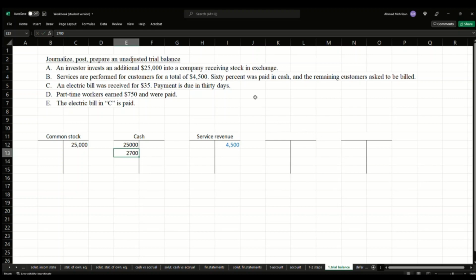Let me write here as a small note: 4,500 multiplied by 60%, that is 2,700. And clearly the remaining 1,800 is going to be our accounts receivable.